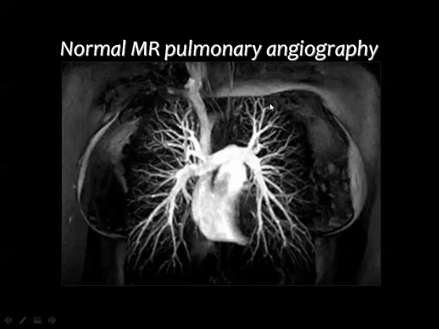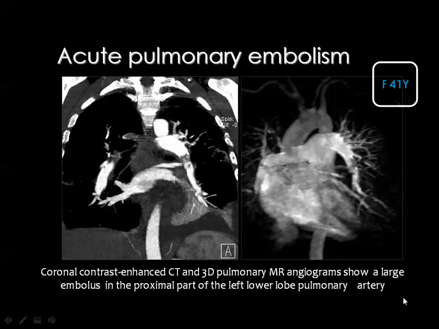You may obtain a very good image, but consider that the time is a little bit longer compared to the time of the CT scan. And if you compare this coronal reformatted multi-detector CT scan of the chest in a patient with left-sided pulmonary embolus in the lower lobe branch, and the same by MRI, you can see the same finding by both techniques.